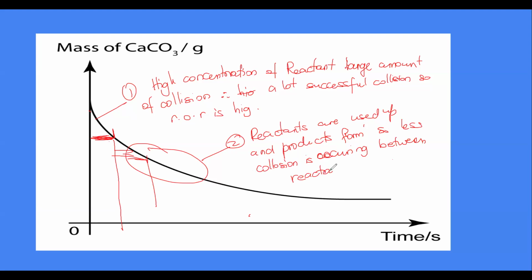If we have less collision occurring, that means less successful collision, so a slower rate of reaction.